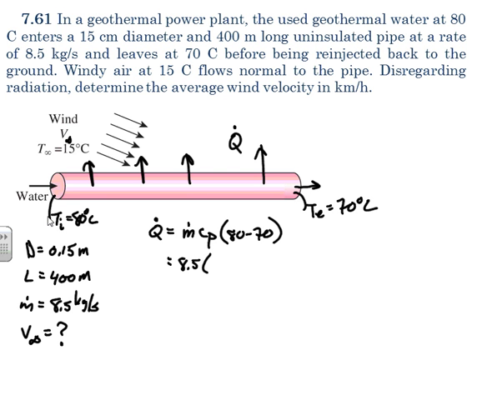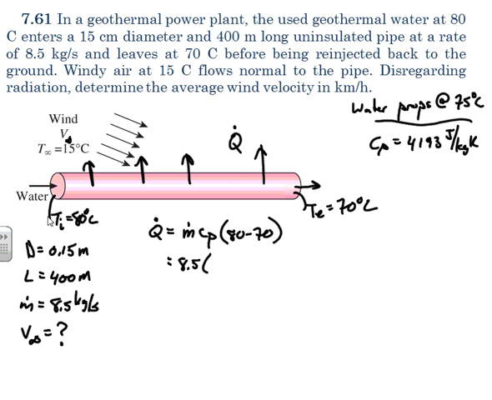We need the Cp of water. Well, let's get some water properties, and I need to get this at some average temperature. Well, it's 80 in, 70 out. Let's look at 75 degrees C and come up with what my specific heat is. My specific heat for water is 4,193 joules per kilogram Kelvin.